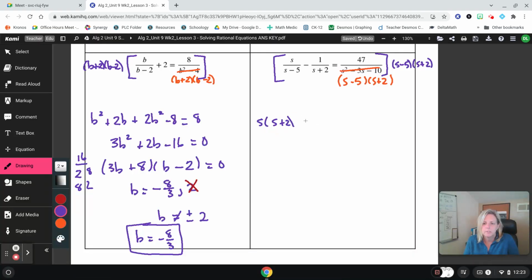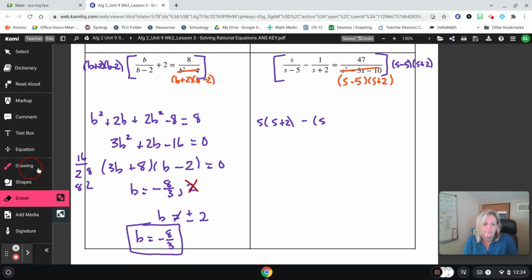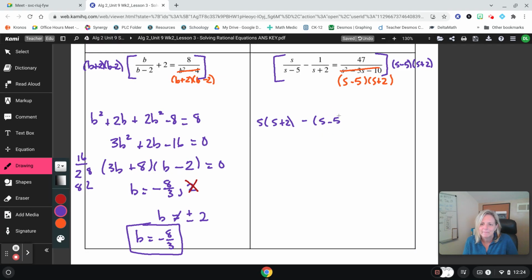I'll go ahead and write it out this time so that you can see. Also, this minus sign has to be distributed. If we write it out, it makes it a little easier to remember to distribute the negative. If we cancel the s plus 2s here, I have an s minus 5. And that is going to equal my 47.